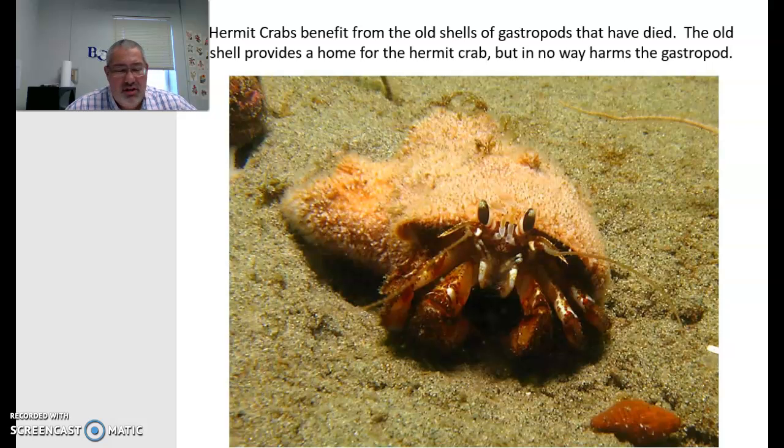It coils up in the shell and uses it for a home. So the crab benefits. It would otherwise be much easier prey for predator organisms, but the hermit crab gets a home inside the shell. The gastropod, the snail, if you will, is not harmed in any way because it has long died, and it's not present in the shell. It was not removed from the shell by the hermit crab.